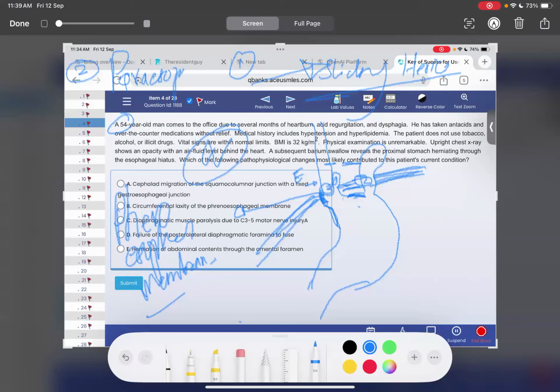If there is a paraesophageal hernia, that is a very rare cause, and there will be a defect in the diaphragm, and whenever it compresses the lung, there will be respiratory distress. Have you got the point? So what is the question asking about?